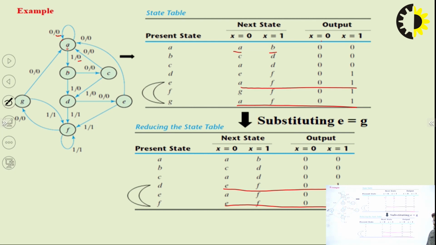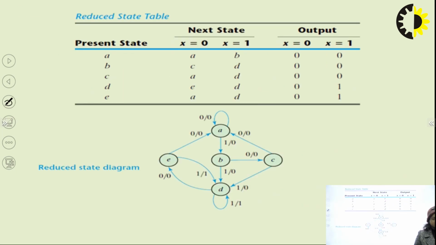So, again we omit the last existing state, that is F, and D is equal to F. We also replace everywhere G by E, F by D. So, the new table will be this one.